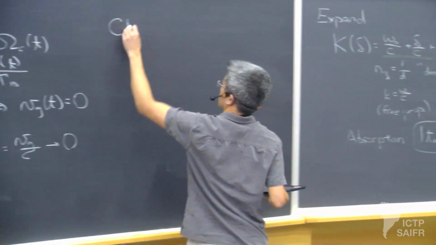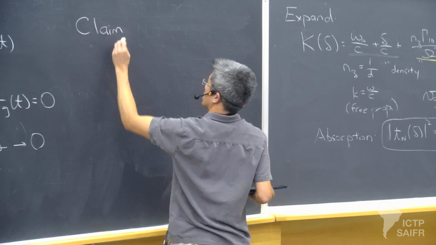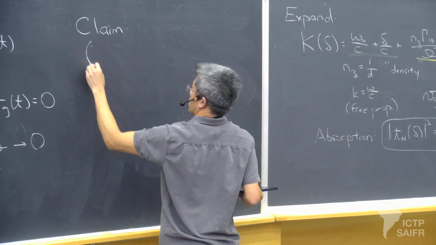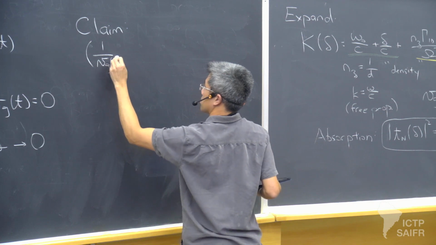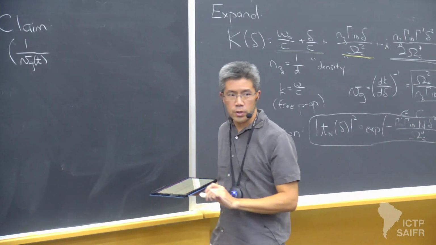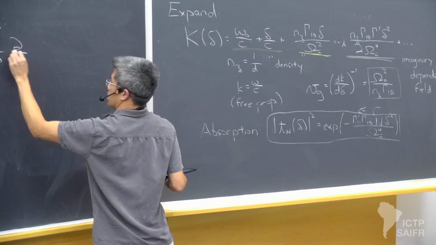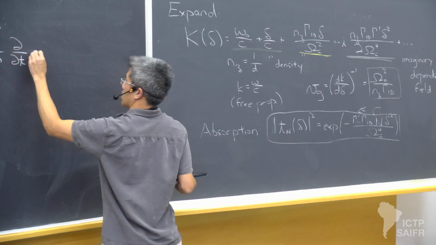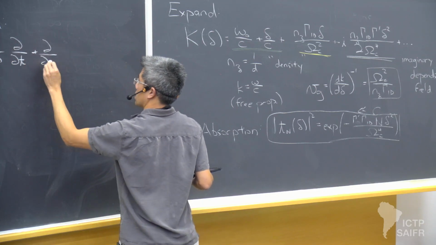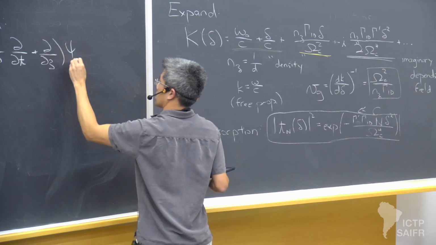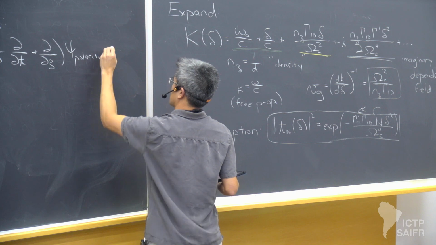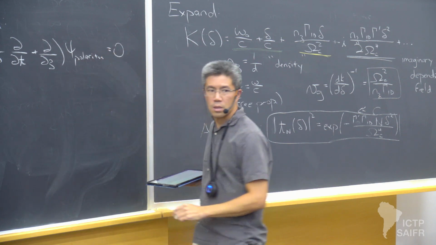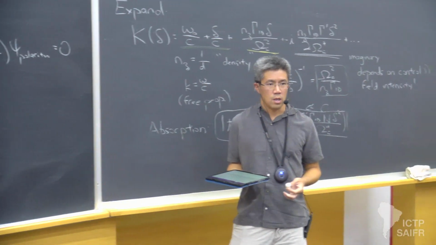The claim is that your polariton, when you start playing with the control field as a function of time, obeys the following wave equation. Okay, so this is a purely coherent evolution.